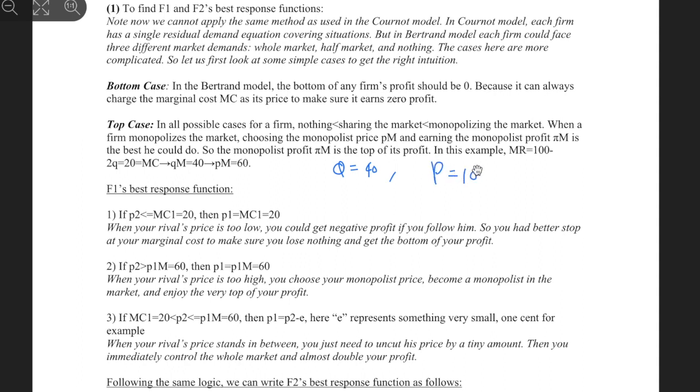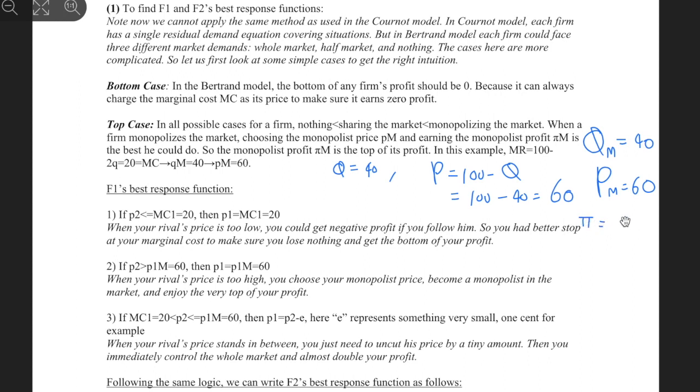P is 100 minus Q, so 100 minus 40 equals 60. So when a firm is monopolizing the market, the Q of monopoly will be 40, and the P of monopoly will be 60.